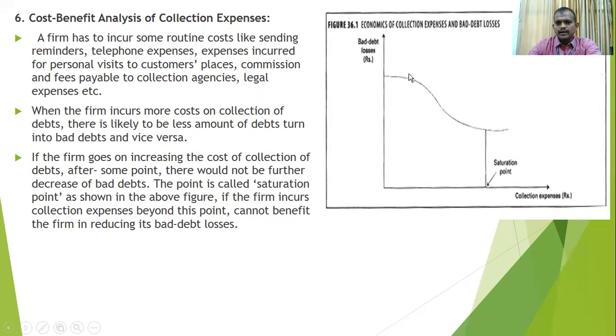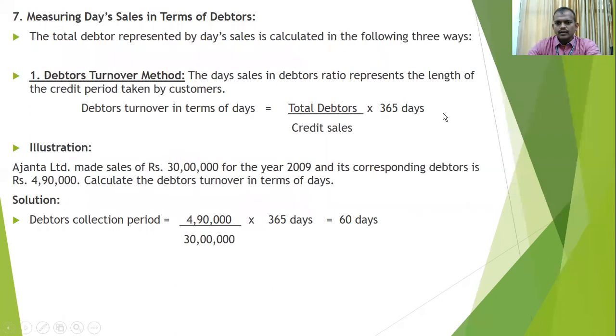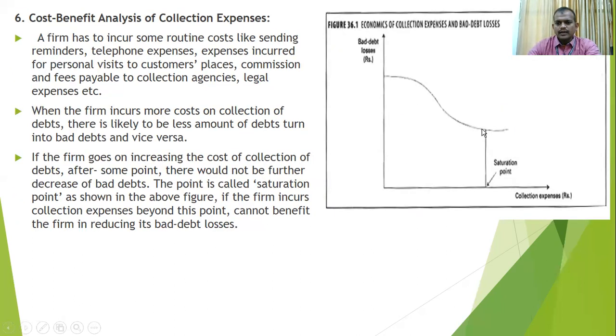This is the bad debt losses portion. So a firm is spending expenditure and bad debts keep on reducing. And at this saturation point, bad debts still continue. So there is no point in spending more expenditure.